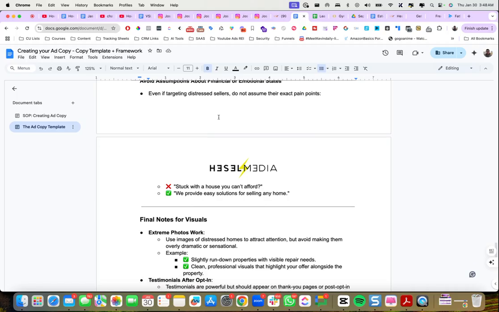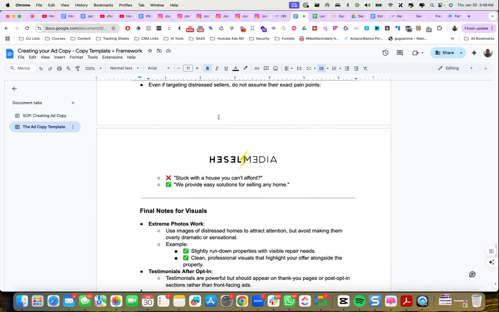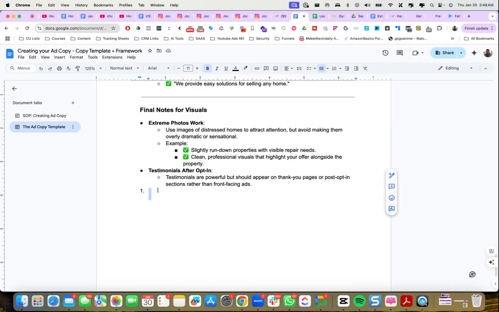And these are a few other notes, for example on the photos. Rundown properties work really well, even inside of the house, or a video that goes over a random property, either with b-roll and text on screen, or UGC.